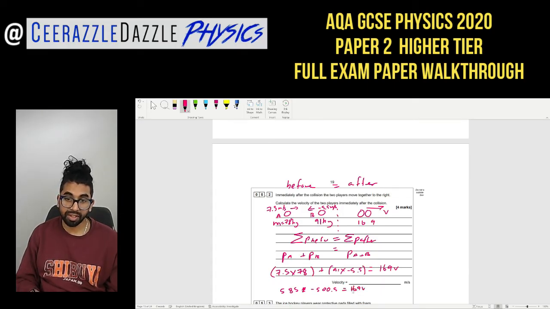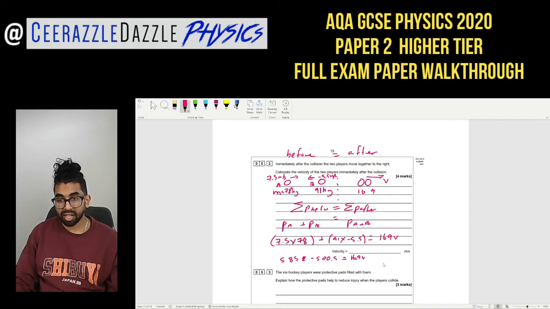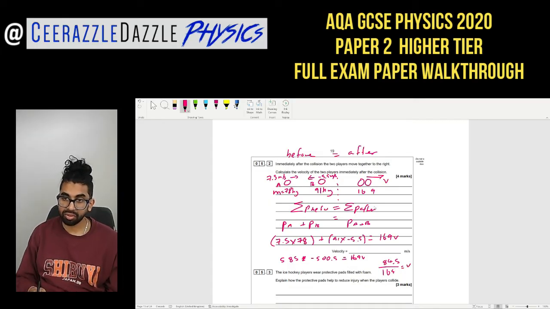So therefore, on the left-hand side, it becomes 585 minus 500.5, which becomes 84.5, and then that will be divided by 169. That will be your final velocity of what it all becomes. So divided by 169, I'm getting the answer of 0.5. Let's just change the colour of pen for that. It's equal to 0.5 meters per second.